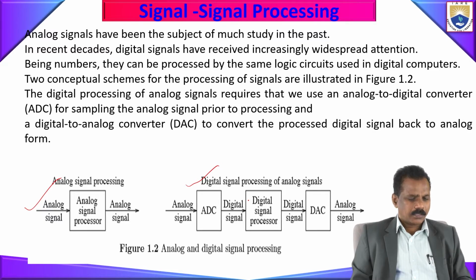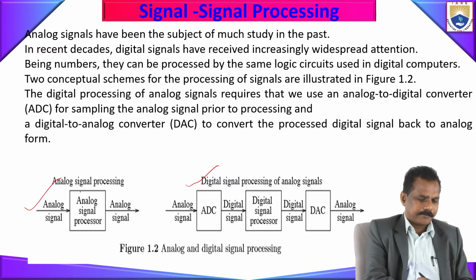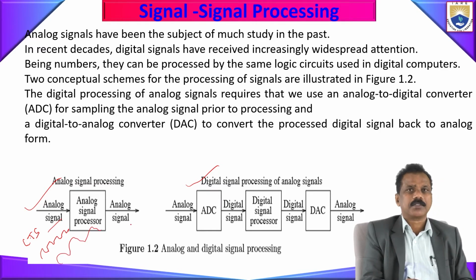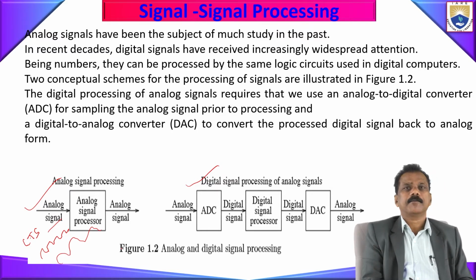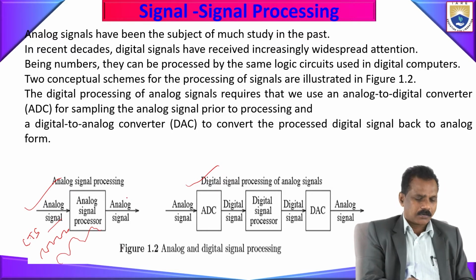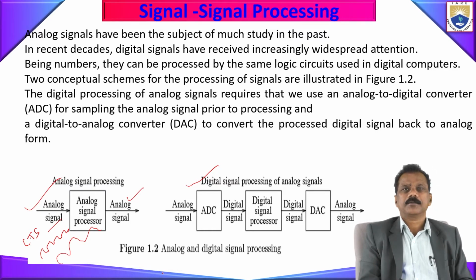Here, in analog signal processing, the input is an analog signal, which may be a continuous time signal. It is given to the analog signal processor, and we expect an analog signal output.